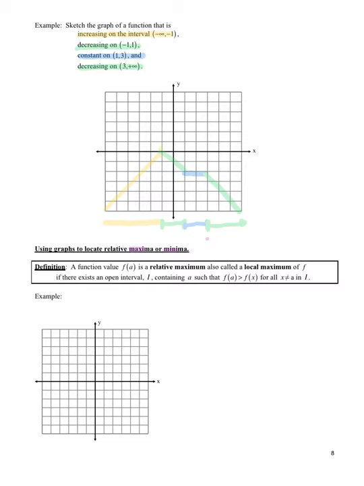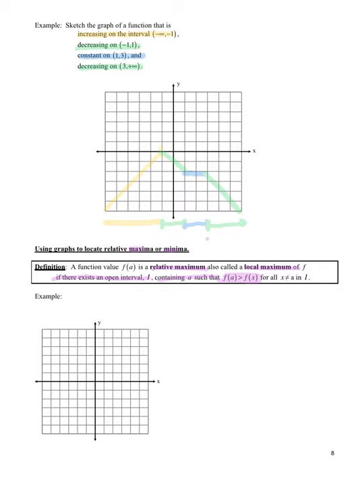A function value, let's say f of a, is a relative maximum, also known as a local maximum, not global, if there exists an open interval containing that a value, such that the function evaluated at that point is always larger than any other x's in that interval. So let's talk about that.